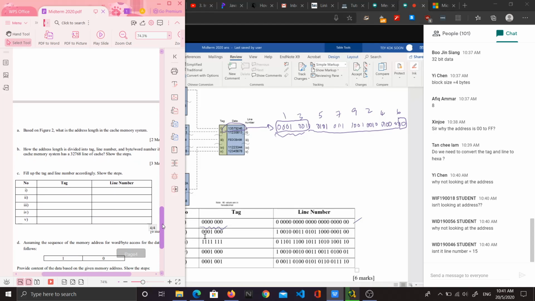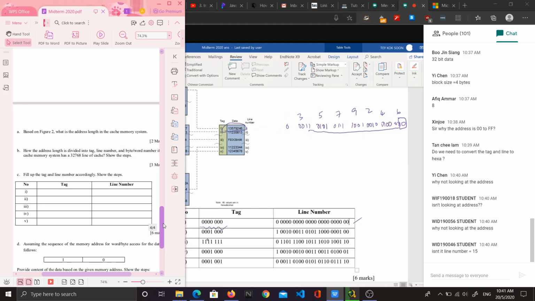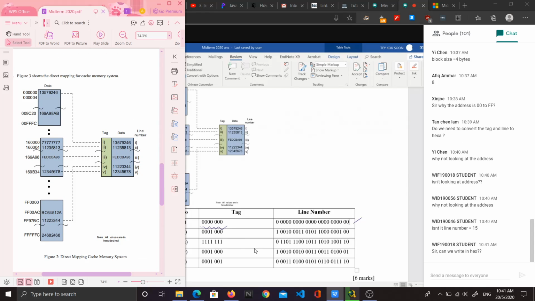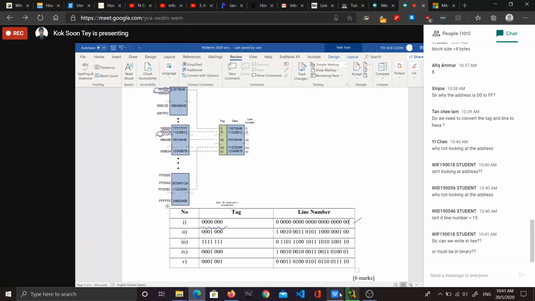Okay, the answer for the second one, anyone? I should look at here. Sorry, I need to delete this one. I looked at the data. We should look at the address. So the first one's address is this one. The second one's address is this one. So it should be 001.